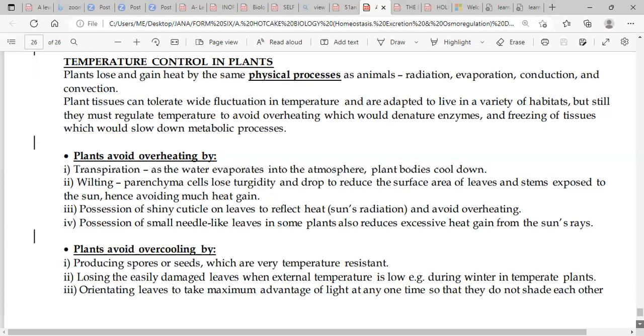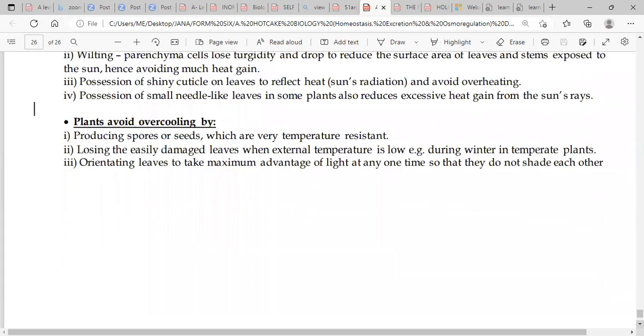One way through which plants avoid overcooling is by producing spores or seeds which are very temperature resistant. That is one way through which they can avoid overcooling.